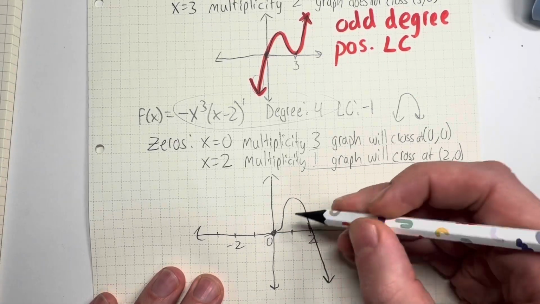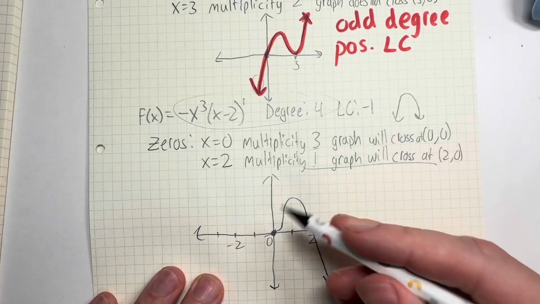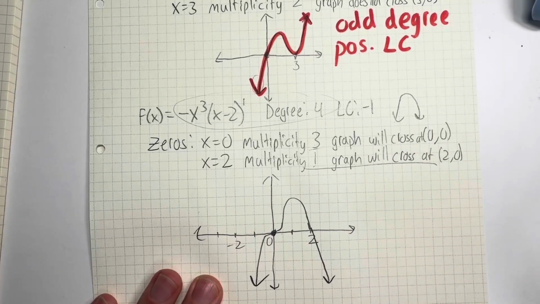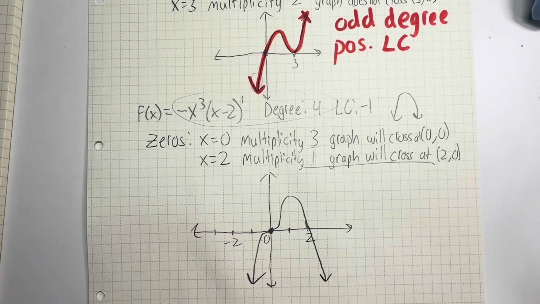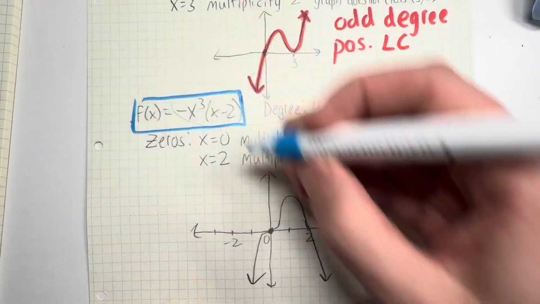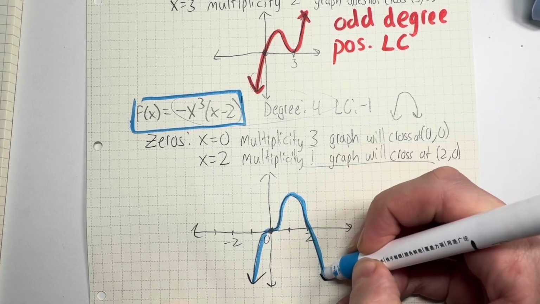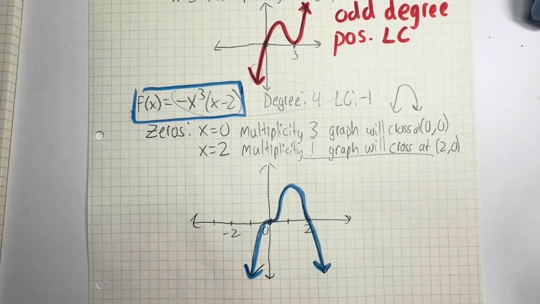It's probably going to have a little funkiness like this. And then, because of the end behavior, it's going to go back down. Something like that. And so, there you have it. Even degree polynomial, negative leading coefficient, with accurate zeros of x equals 0 and x equals 2 shown.